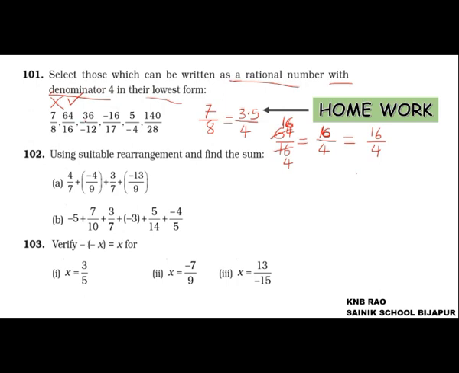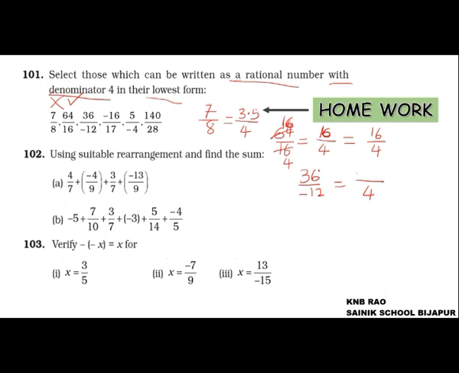Similarly, 36 by minus 12. 36 upon minus 12 can also be written in the lowest form with the denominator 4. How? When I divide minus 12 by minus 3, it can be brought into the denominator 4.